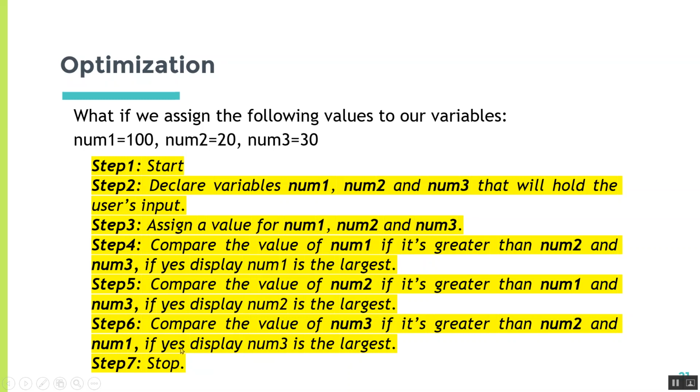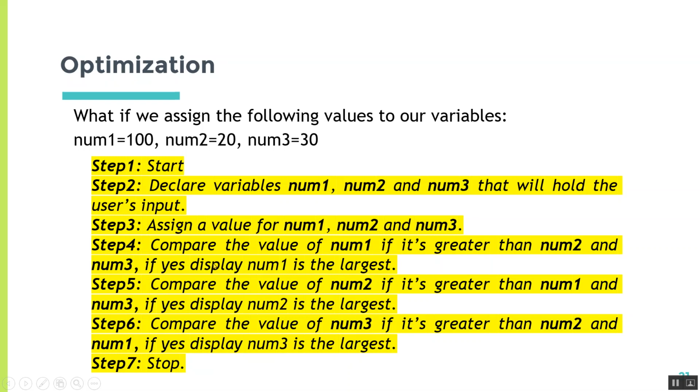So there is an extra operation, though we already know the answer: num1 is the largest. But in our algorithm, it doesn't stop there. Since an algorithm is in sequence, we have to follow these steps even though we already know the answer.